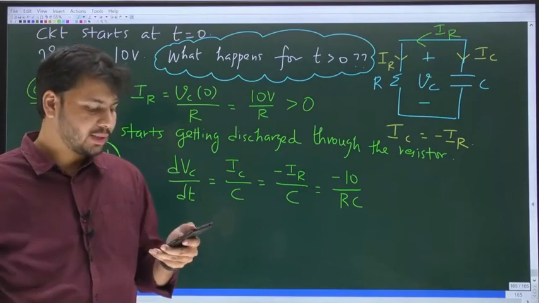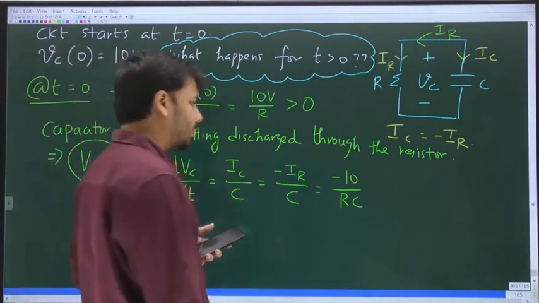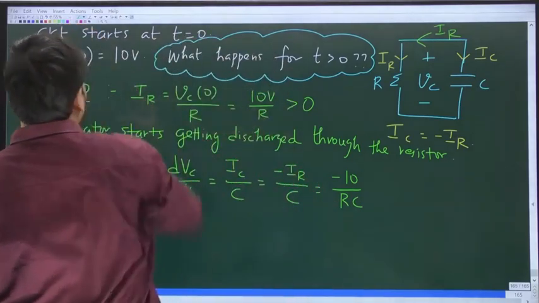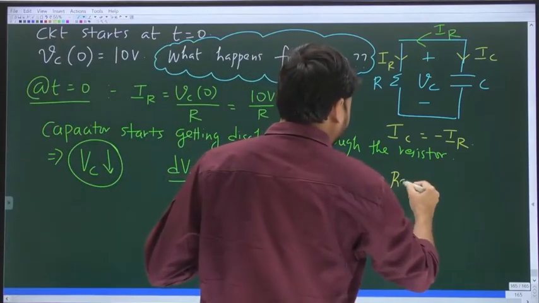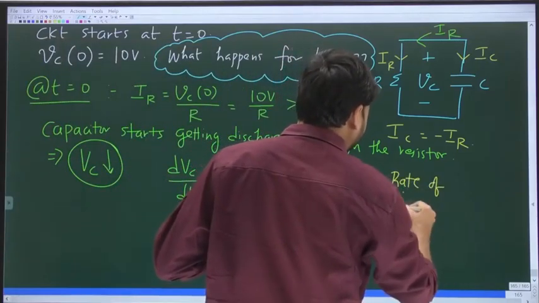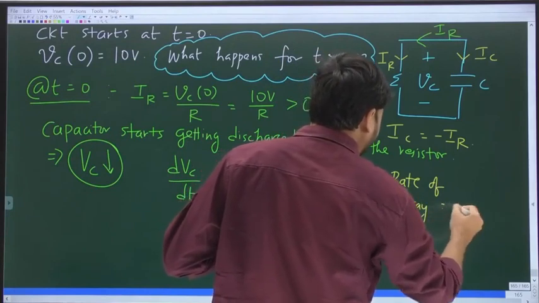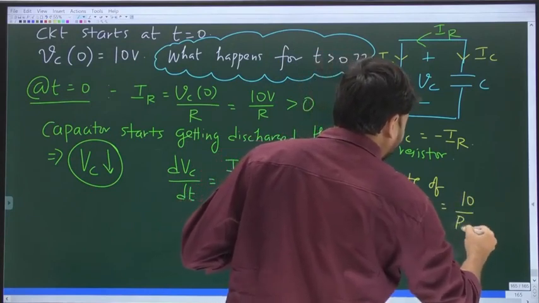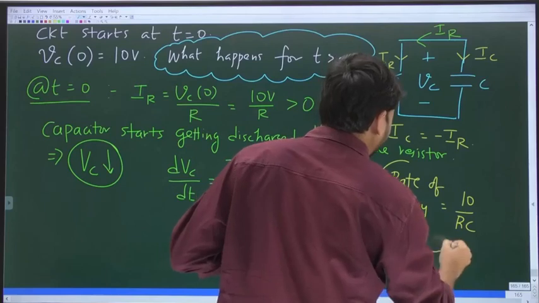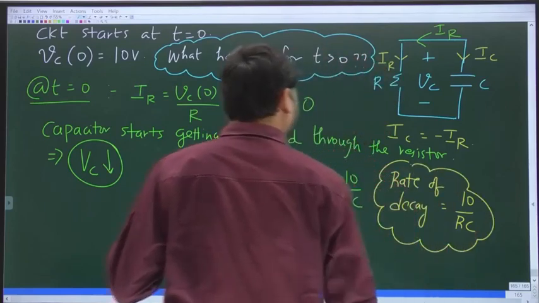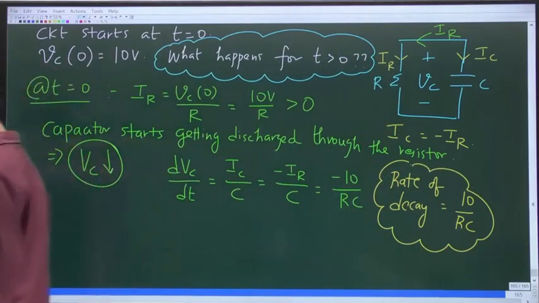You should simply say 10 by RC, not minus 10 by RC.